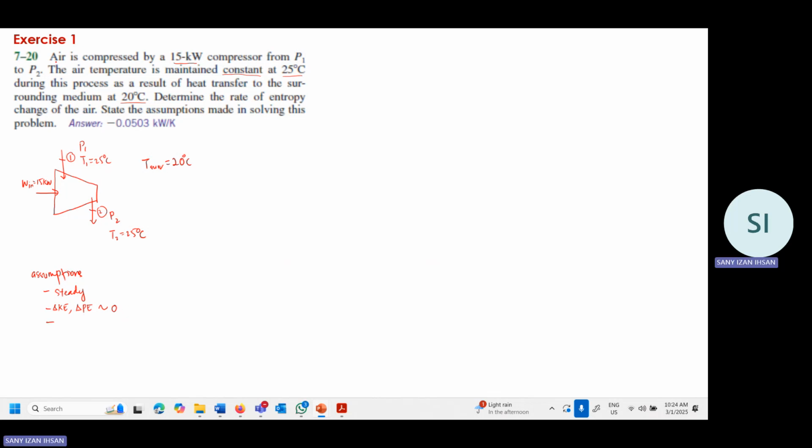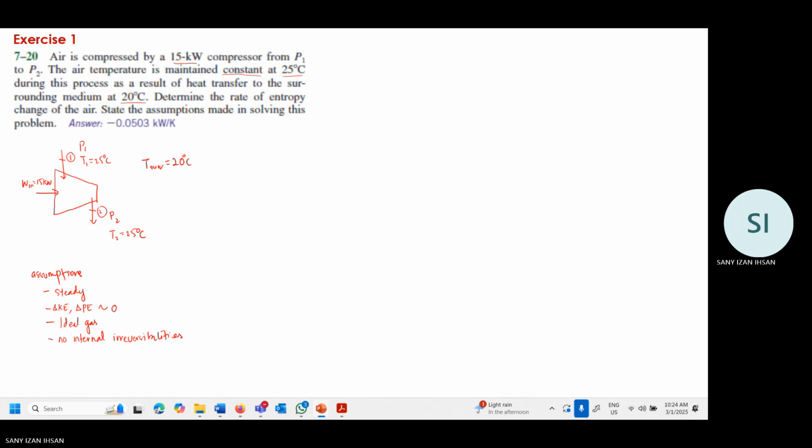The medium is air, so let's assume this to be ideal gas. And also very important in chapter 7, we assume no irreversibilities, because we are not given any information about the irreversibilities. So during the process, we say no internal irreversibility.